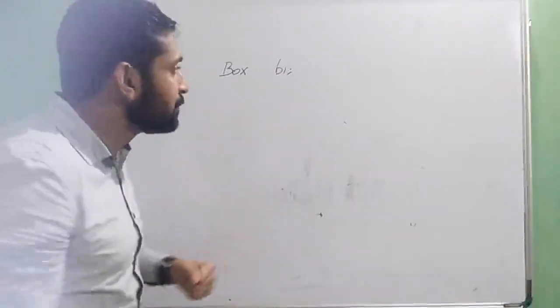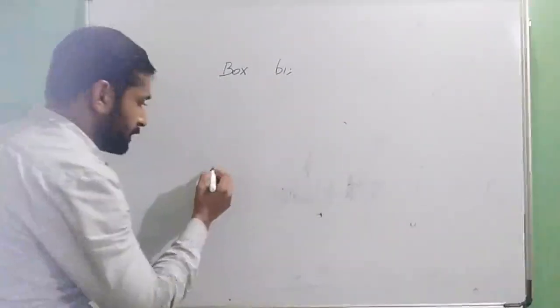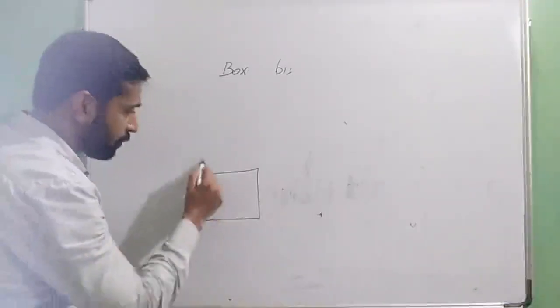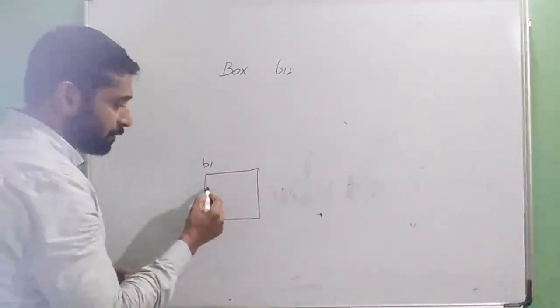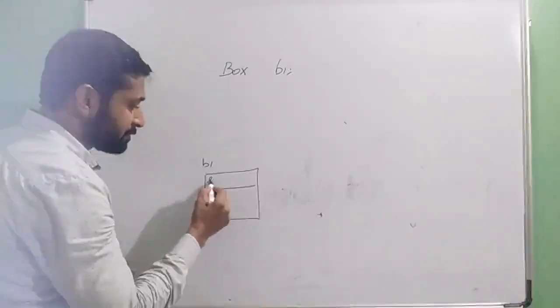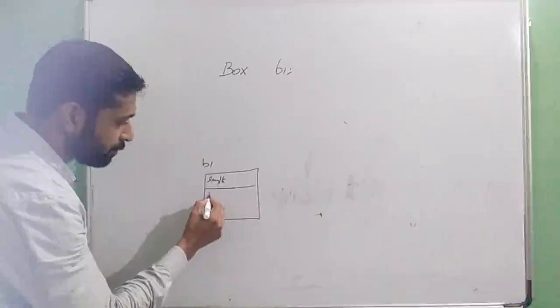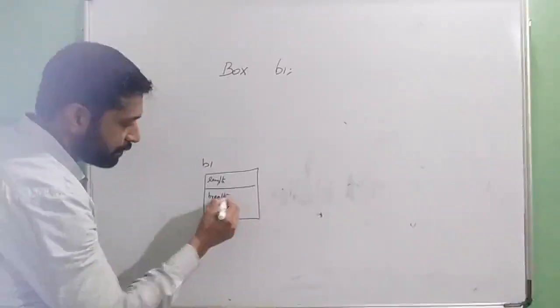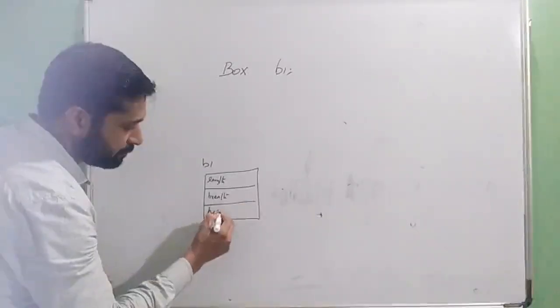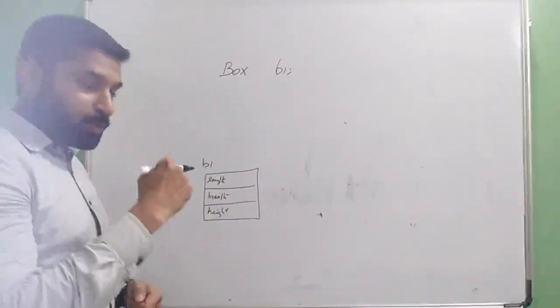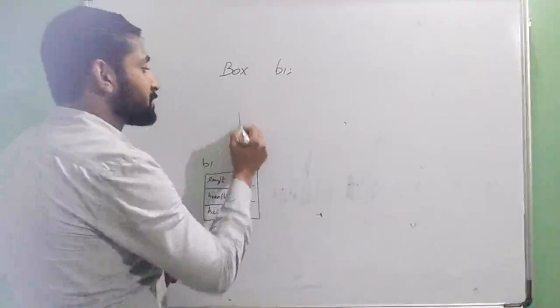What happens? There is B1, memory will be allocated for B1. B1 has length, B1 has breadth, B1 has height. These are the three things. And also there are three functions.